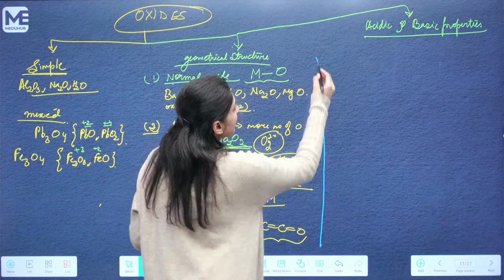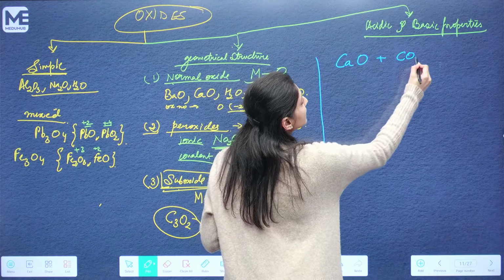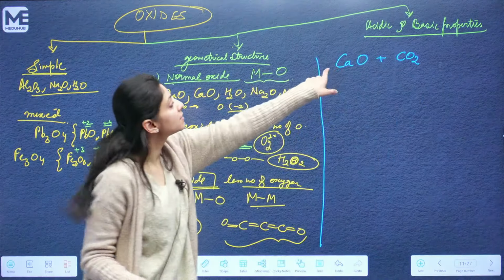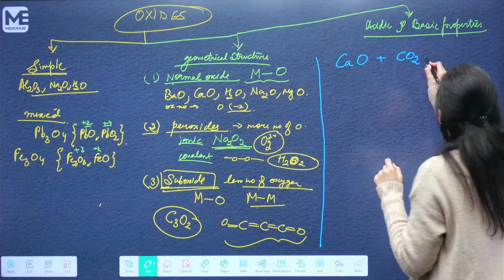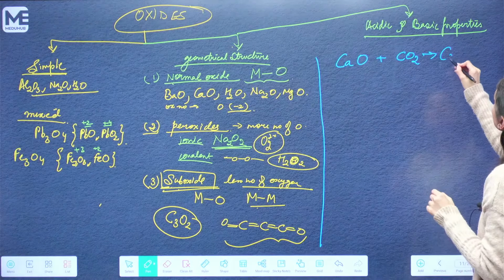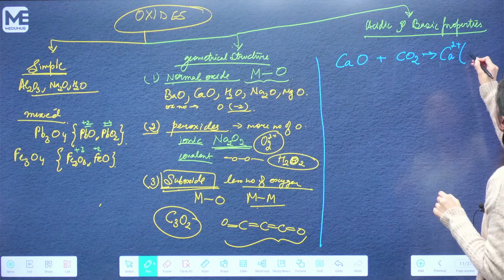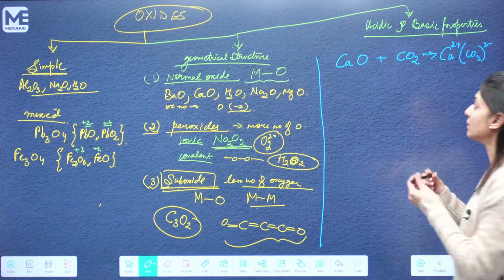Now, if I write 2 oxides, calcium oxide and carbon dioxide, this is a metal oxide, this one is a non-metal oxide. The combination of these two gives me Ca2+ and CO3 2-. So what exactly is happening here?